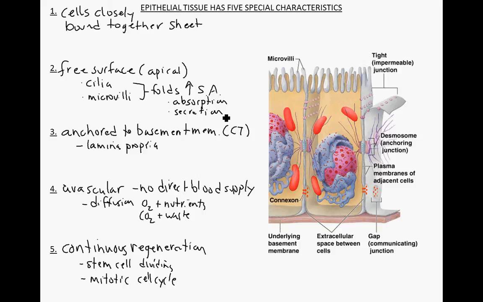And lastly, these cells that are anchored closely together are bound together by structures, proteins in the membrane called desmosomes. You also have proteins that form tight junctions. And you have gap junctions as well.